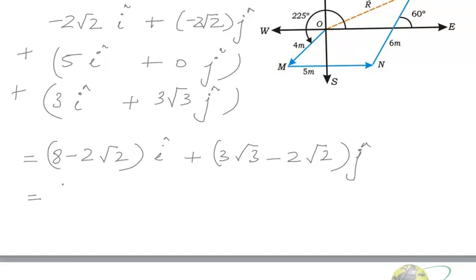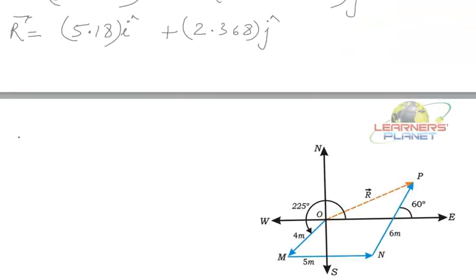If we calculate the value, 8 minus 2 root 2 comes to around 5.18, and 3 root 3 minus 2 root 2 comes to around 2.368 j cap. So this is the final displacement vector R.